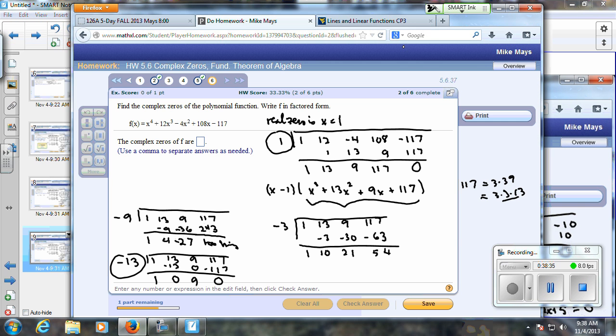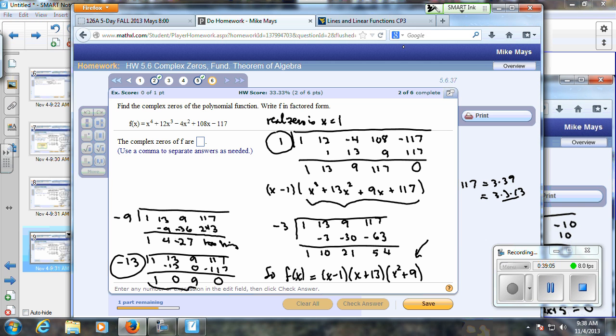So we know that f of x factors as x minus 1 times x plus 13. And now the quotient is x squared plus 0x plus 9. So x squared plus 9 is 0.